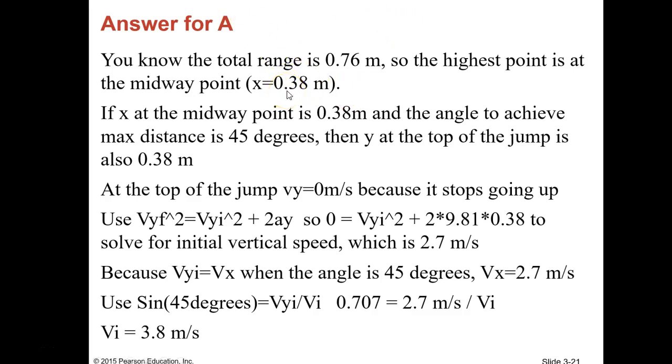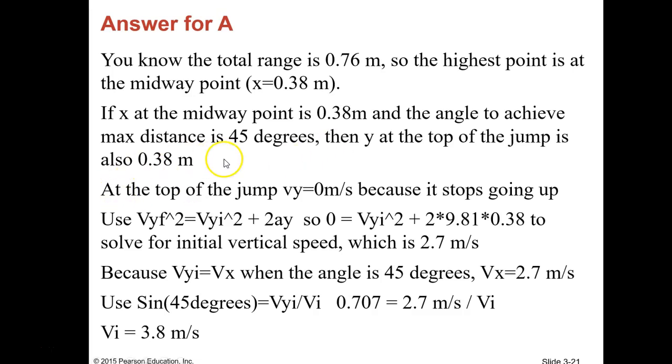Now here's why that's important. At the midway point, your y velocity is 0. So if you can figure out how high above the ground that is, then you can figure out how long the object's in the air, which then you can figure out the initial speed.